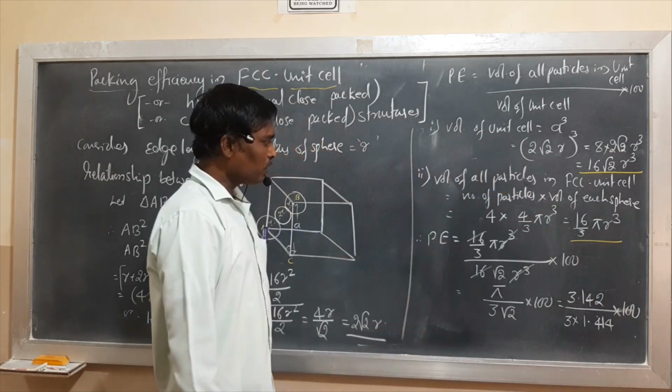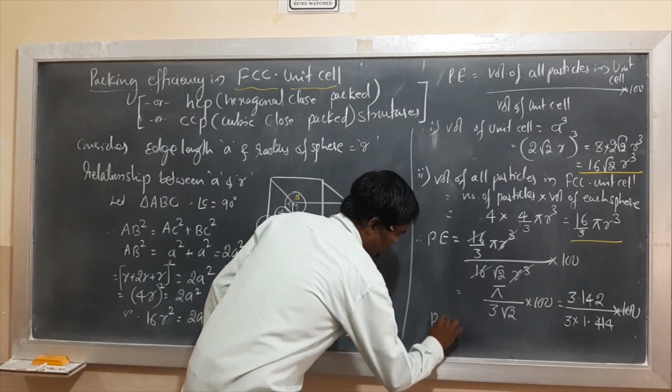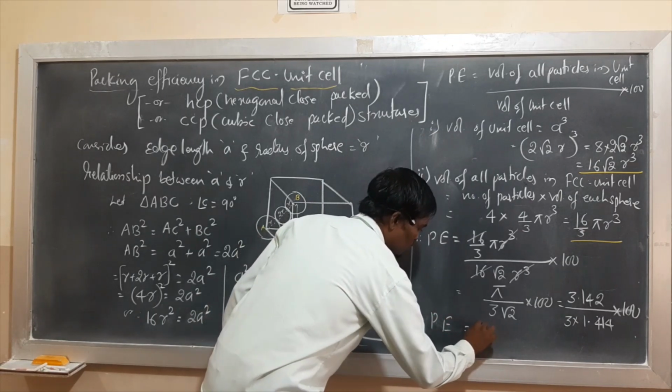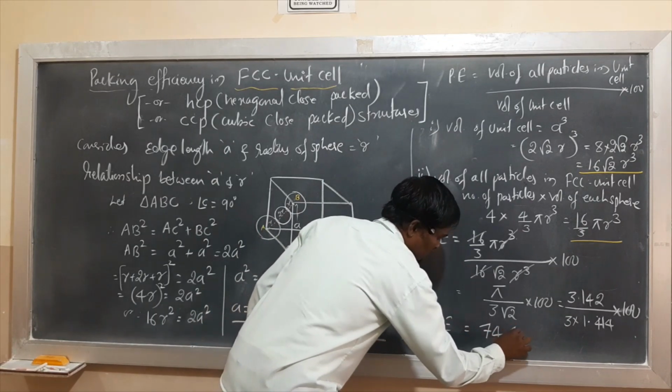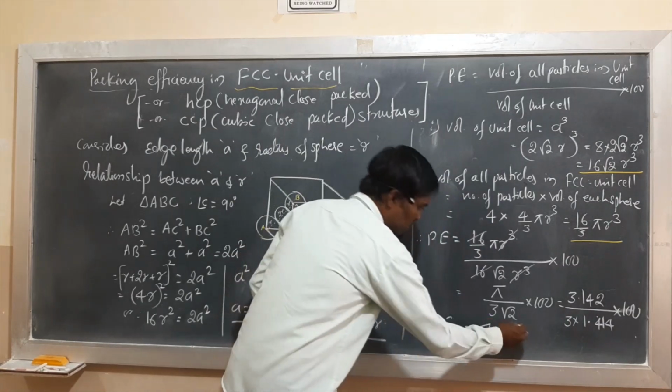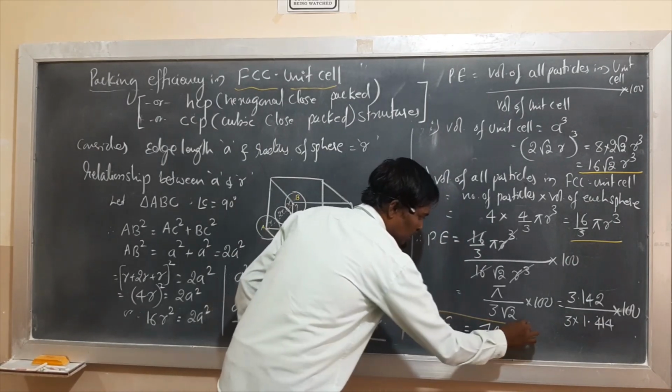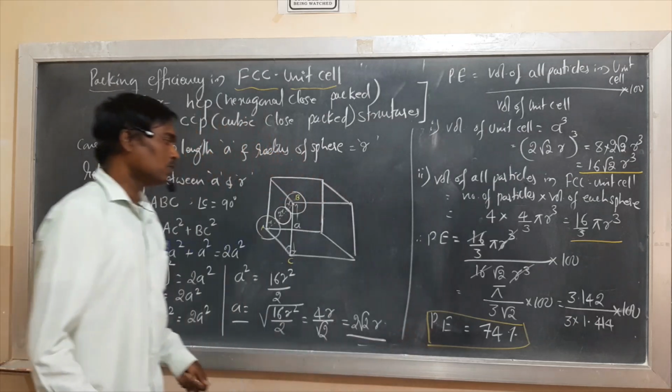After simplifying that, you will get the packing efficiency is equals to 74%. Okay. So 74% is the packing efficiency in FCC unit cell.